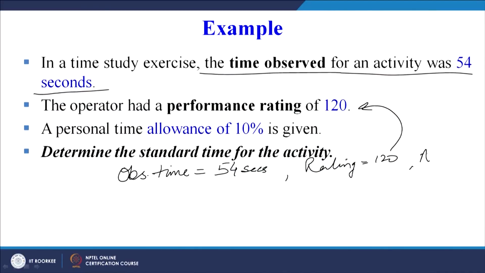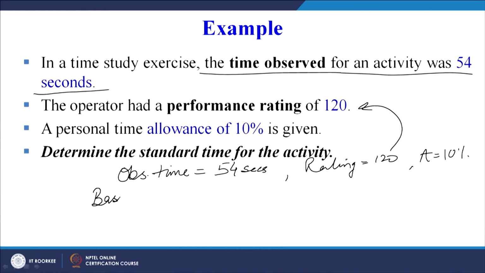So we can say allowance is 10%. Now determine the standard time. For this activity, for which we have found out through direct observation that the time taken is 54 seconds, what is going to be the standard time? Let us now see. First of all, we will calculate the basic time, which will be equal to 54, that is the observed time, multiplied by the rating which is given, divided by the standard rating.